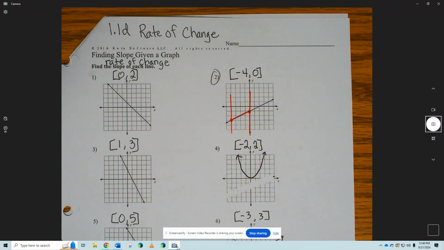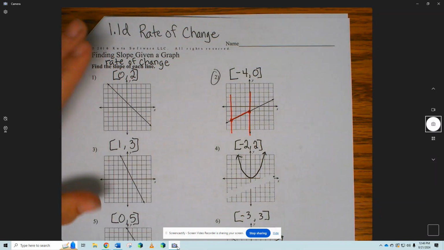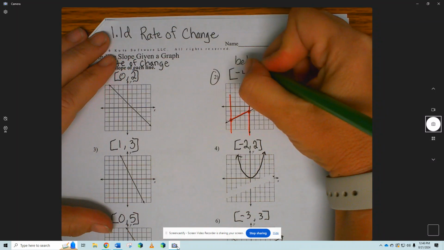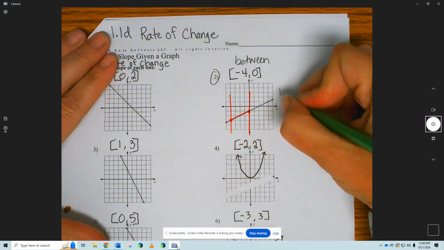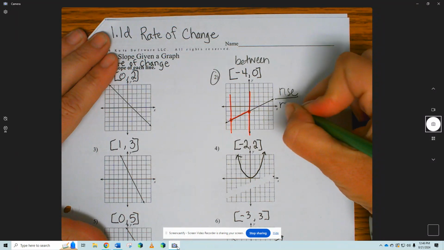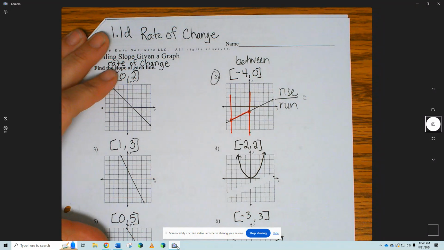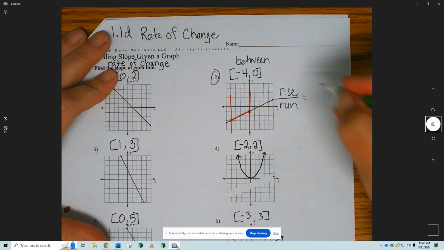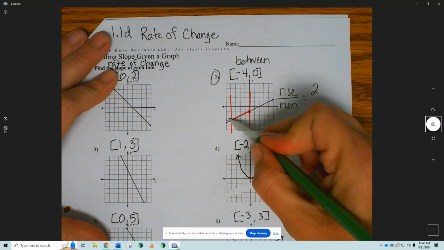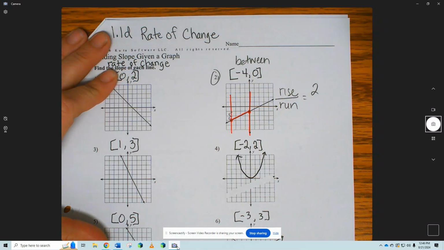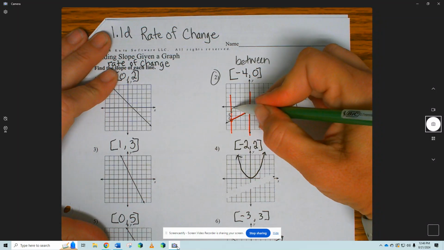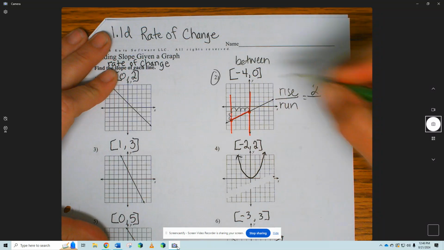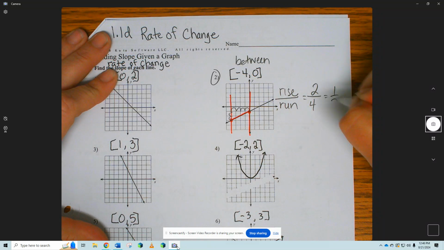Between those two red lines, what's my rise and what's my run? What'd you get? How many did you rise? How many did you run? You rose 2, yes? 1, 2. Then you ran 4. 1, 2, 3, 4.